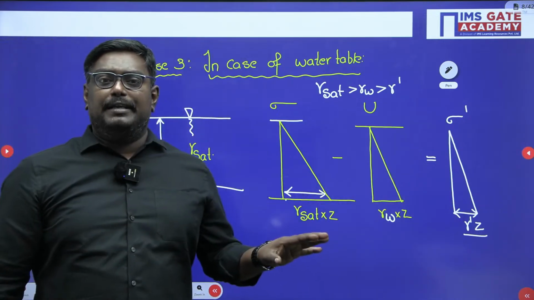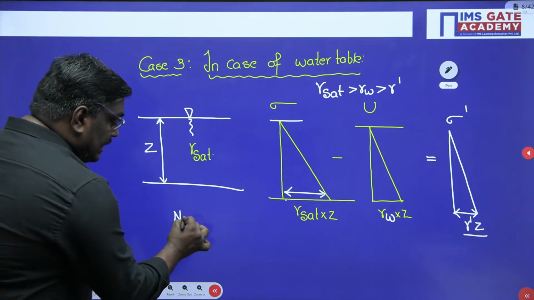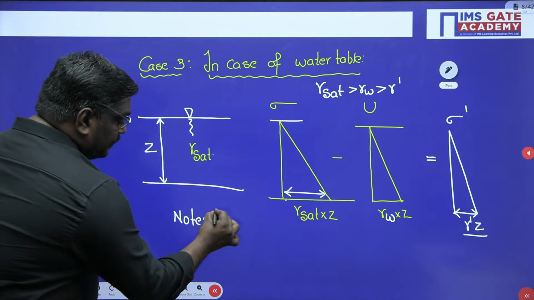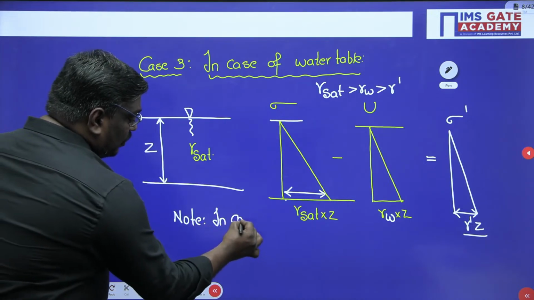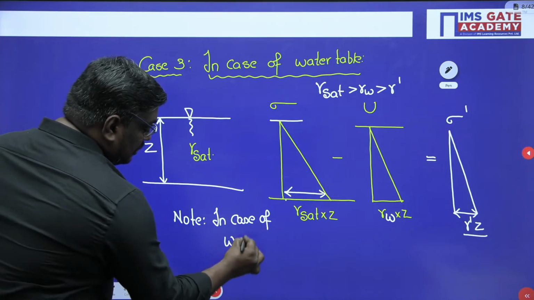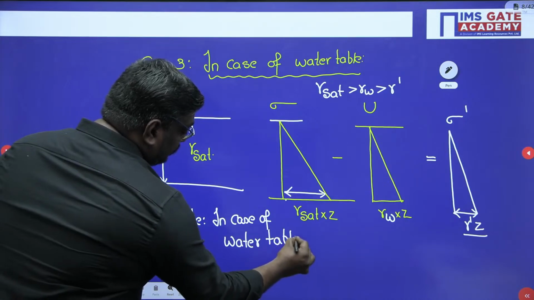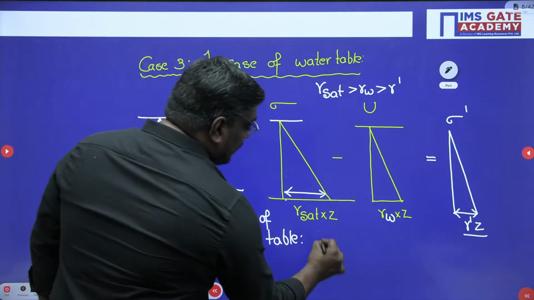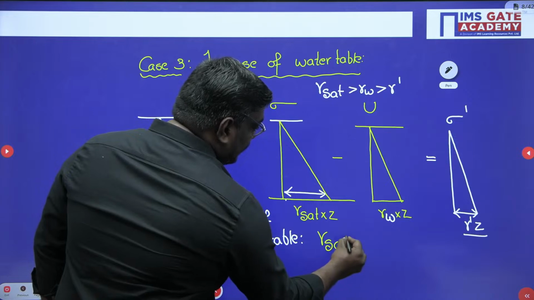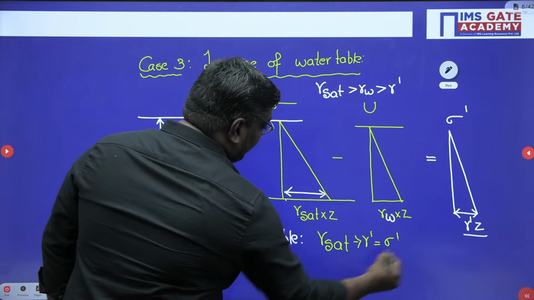So remember, my dear students, the important note I would like to tell you here is, in case of water table, you can write that gamma sat will be replaced by gamma dash in the calculation of effective stress.